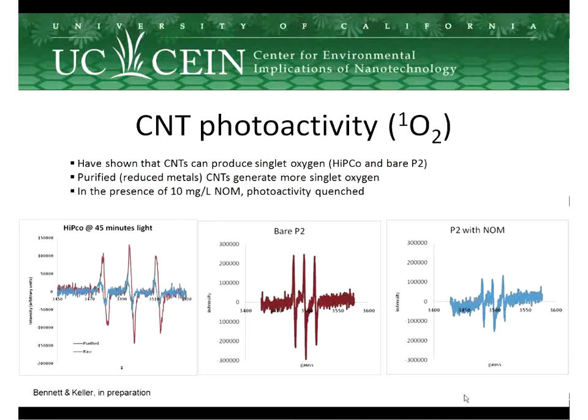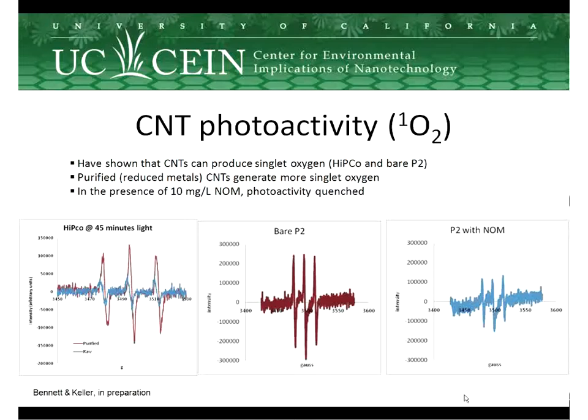And then I showed this at the site visits, where this was the original intent, to see whether they were photoactive, and we see that they are photoactive. This indicates that we have good photoactivity for the purified, not very good for the raw. So the raw does not have the same level of photoactivity, and this is HiPco.